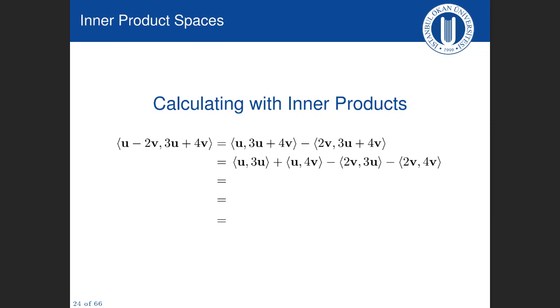Cut at the plus, but we already have a minus, so it's minus again. Inner product of 2v and 4v. Also, anytime we have a number inside an inner product, we can take it outside. The 3 we can take out, the 4 we can take out, this 2 and this 3 we can take out, and so on. So that's the same as 3 inner product of u and u, plus 4 inner product of u and v, minus 6 inner product of v and u, minus 8 inner product of v and v.